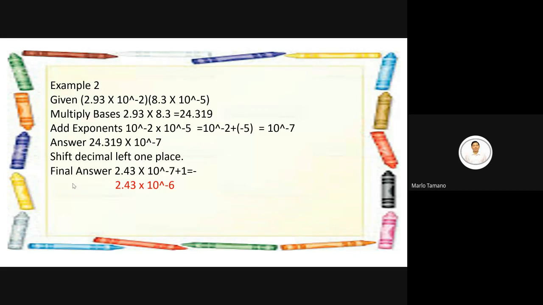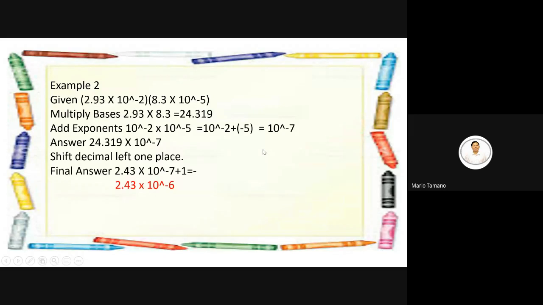So, it becomes 2.43 times 10 to the negative 7 plus 1. Kapag nag-move kayo papunta sa kaliwa, positive po lagi yon. Pag papunta naman sa kanan, minus. So, negative 7 plus 1 is negative 6.